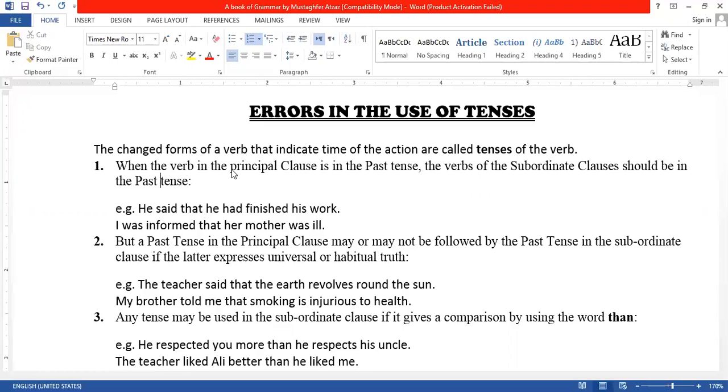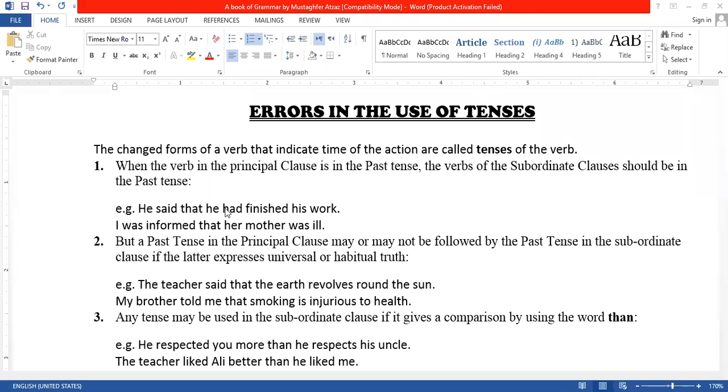If in one sentence we are writing two clauses, one of them an independent or principal clause and the other a subordinate clause, the general rule says that we are supposed to use the same tense in both clauses, and this thing we are already aware of.